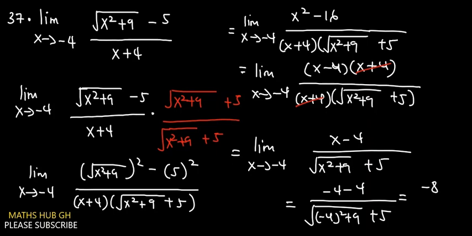For the denominator, you have the square root of minus 4 squared plus 9, and that will give us a value of 5. So we are going to have minus 8 divided by 5 plus 5, which gives us minus 8 over 10. Then that will be equal to minus 4 over 5. So that will be our answer.